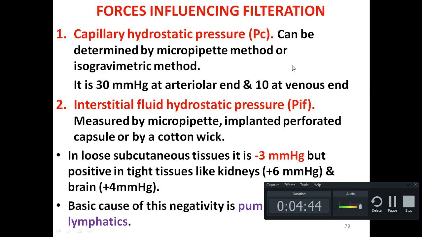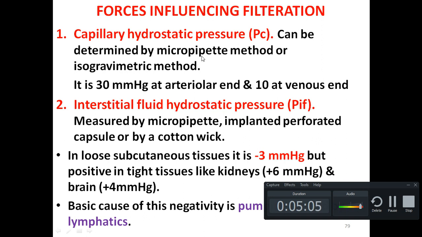Now we will study what are the forces that are affecting this filtration. Number one is the capillary hydrostatic pressure. This capillary hydrostatic pressure is the pressure inside the capillaries because of the presence of fluid. And there are two methods for the determination of this capillary hydrostatic pressure.